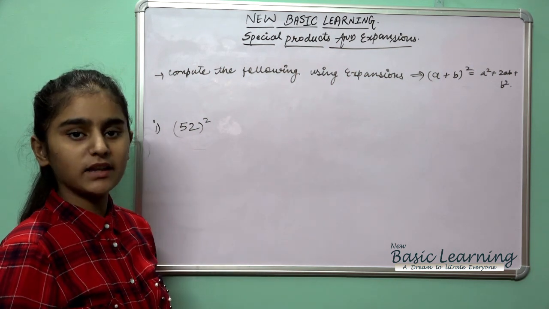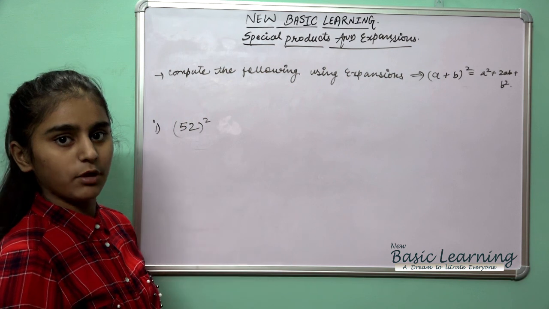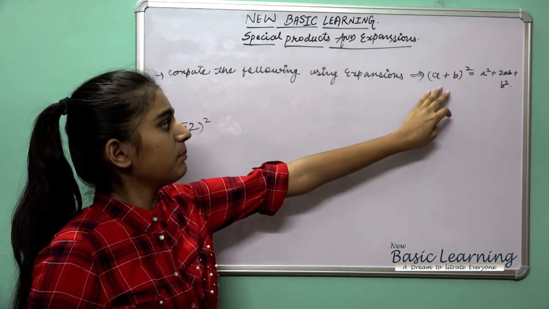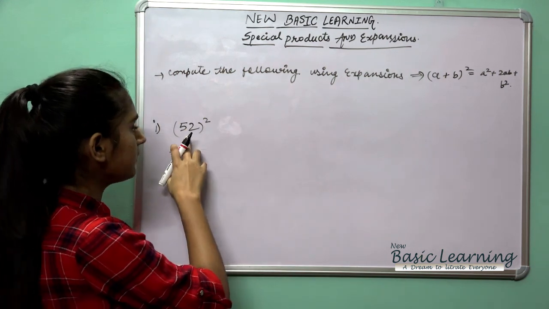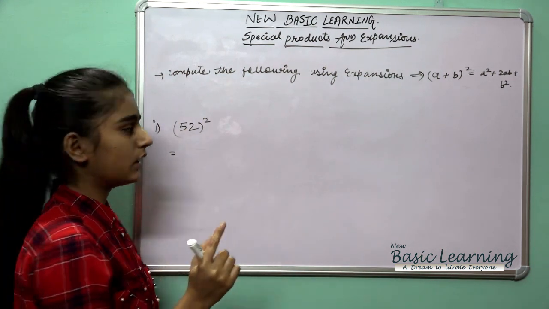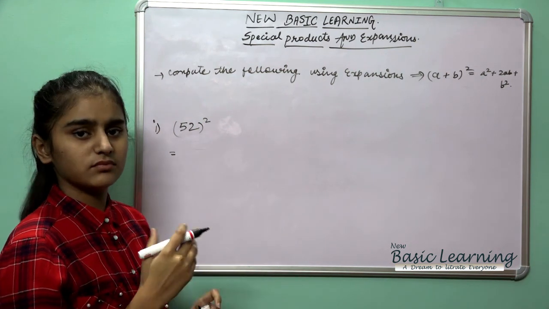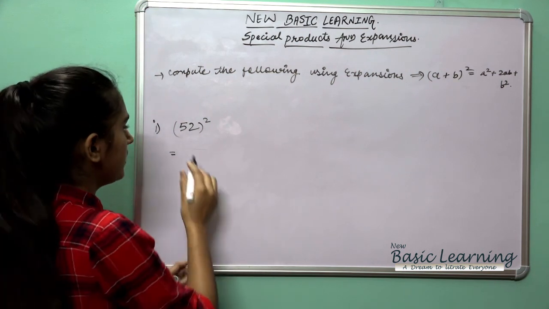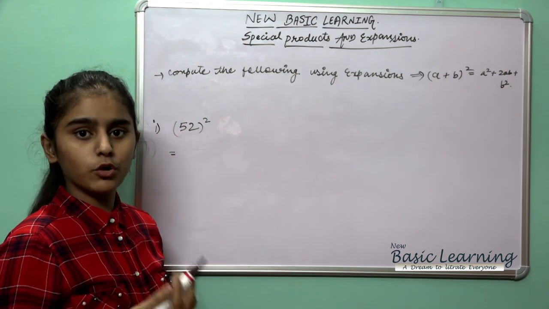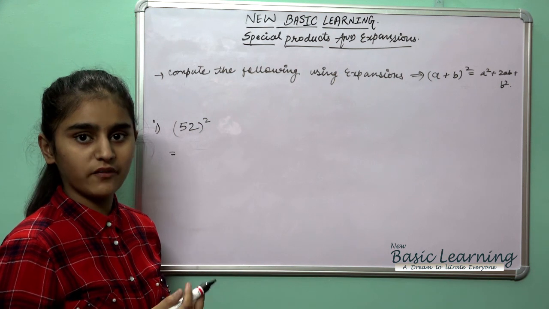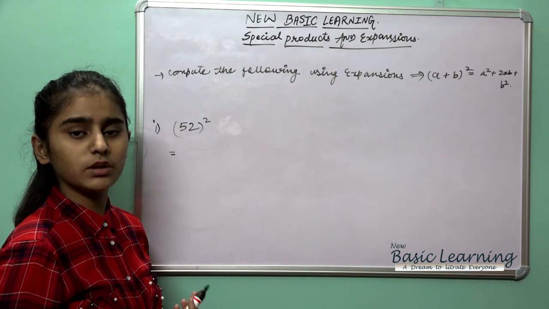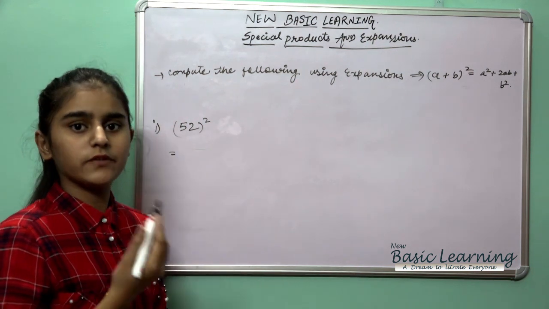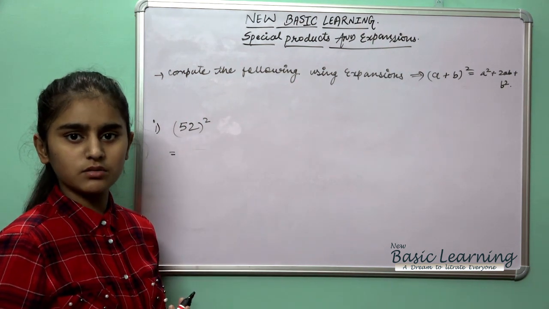So how will you apply the formula for calculating this type of question? It is a plus b, and here the value is only one, that is 52. So how can you separate the two values? You have to know the squares of every number, but it is very difficult to remember all the squares. So I hope that you know the square of 50 and it is easy to calculate in mind also.